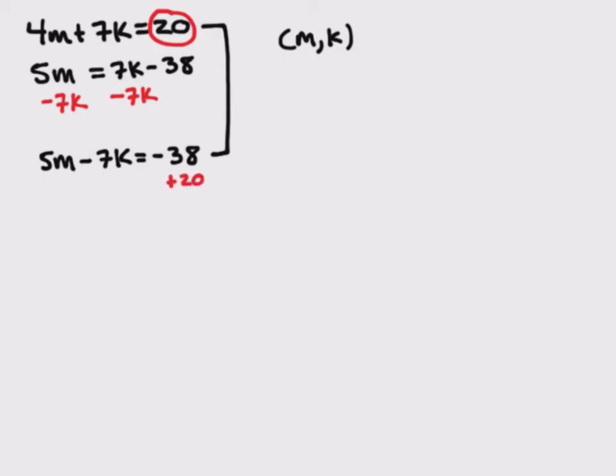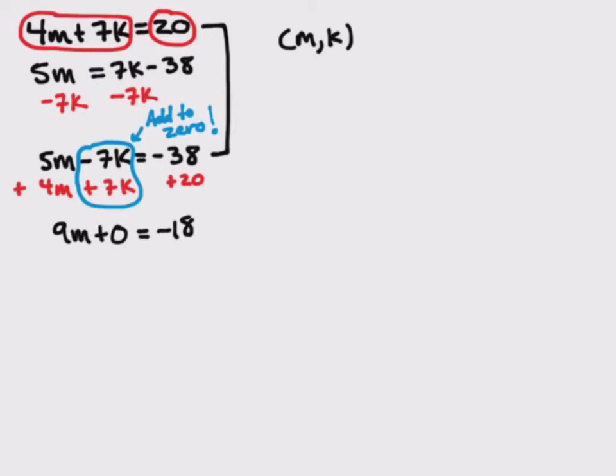On the left-hand side, we're also going to add 20, but we're not going to actually add the number 20. We're going to add something that's exactly equal to 20, namely 4m plus 7k. And when we do that, we end up with this really nice equation, 9m equals negative 18.